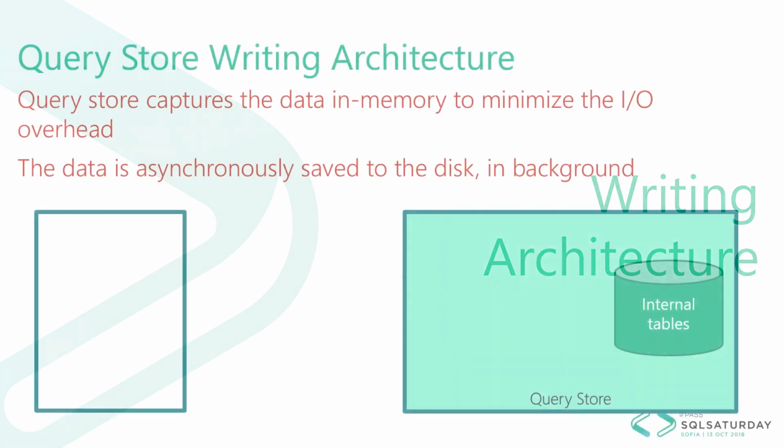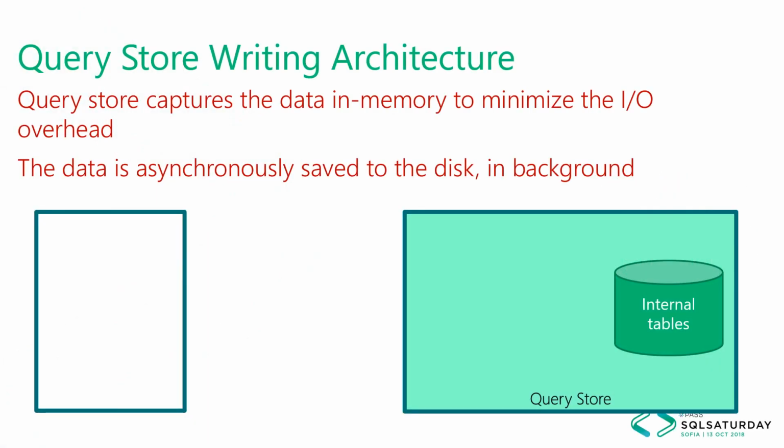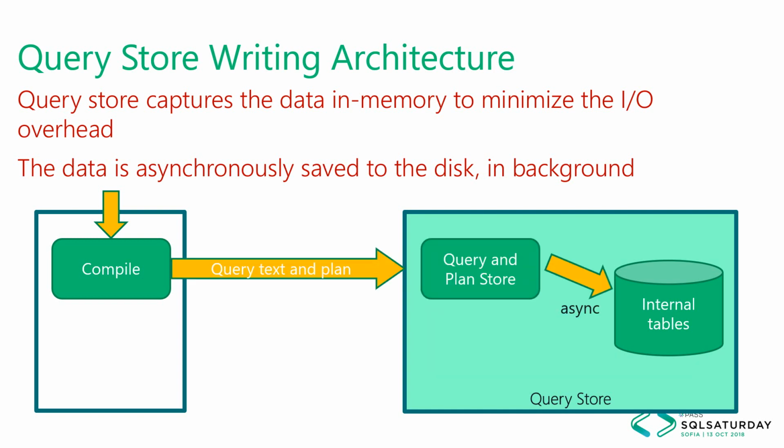How does Query Store work? How is the writing architecture of Query Store? When a query arrives in SQL Server, the query is compiled. At this moment, Query Store captures the query and stores it in the internal tables of Query Store.